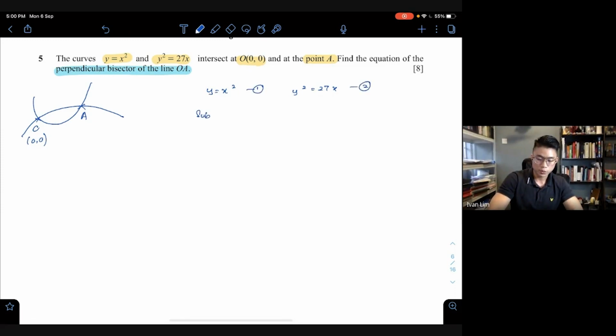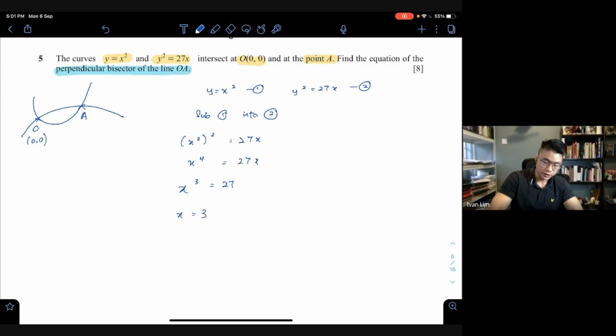You sub 1 into 2. So you get x squared equals 27x. x to the power of 4 equals 27x. We divide the whole thing by x. You get x cubed equals 27. x will be equal to 3.